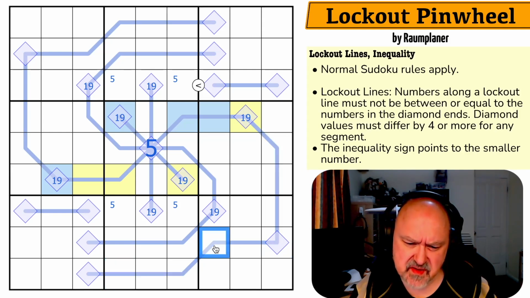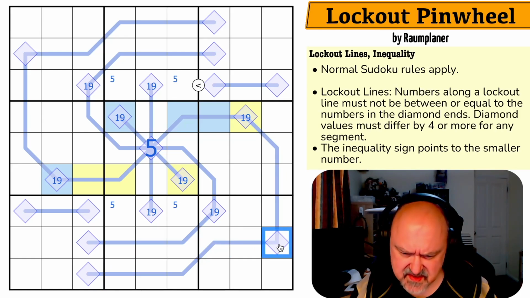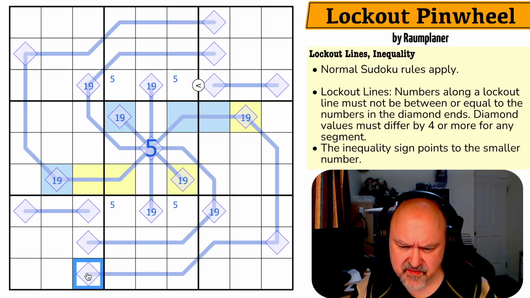But what would that do to this line? If this was a 6, I could, with 4 different, so is it these lines now? If this was a 6, 4 different, this would have to go back down to a 1 or a 2. I think it would have to go back down to a 1.